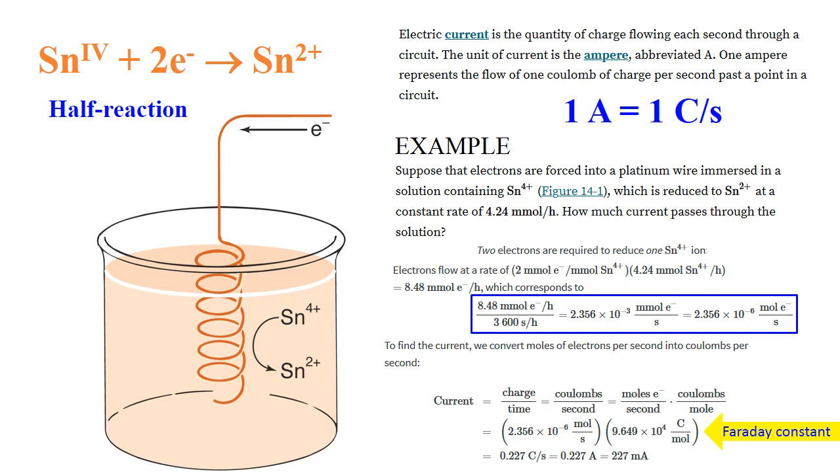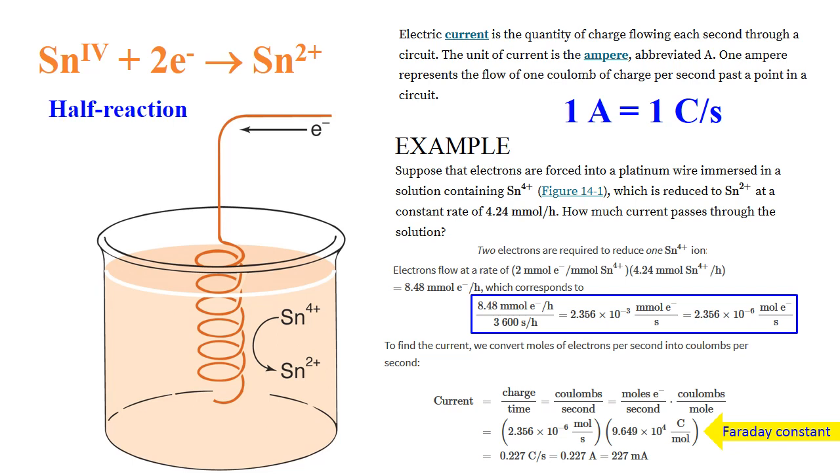Now, it's a very inconvenient unit. We need to convert hours into seconds. There are 3600 seconds in an hour. So our result will be 2.3 times 10 to the negative 6 mole of electrons per second. To find current, we convert moles of electrons per second into coulombs per second. How do we do that? Just multiplying by the Faraday constant.